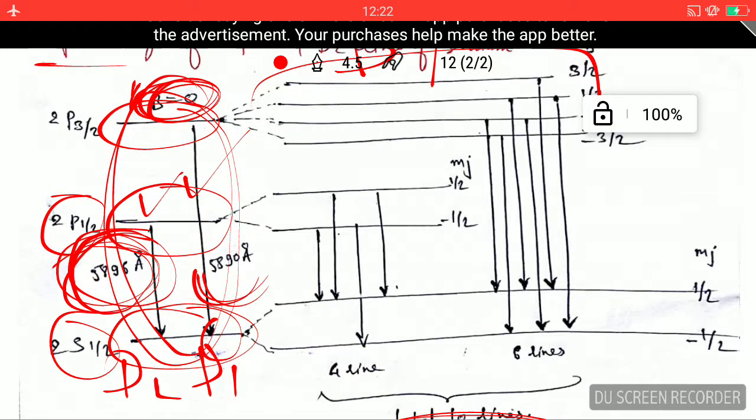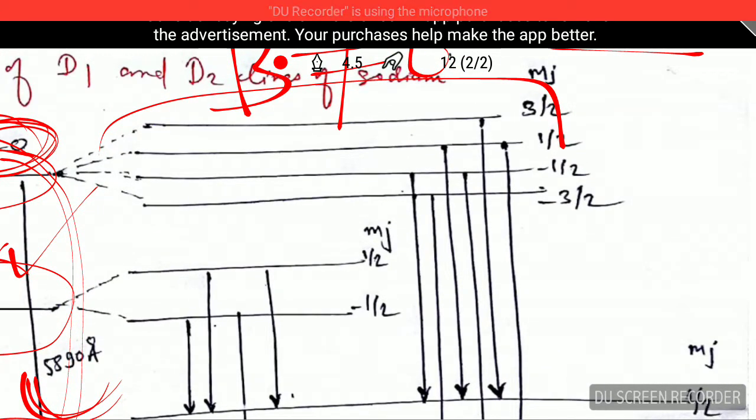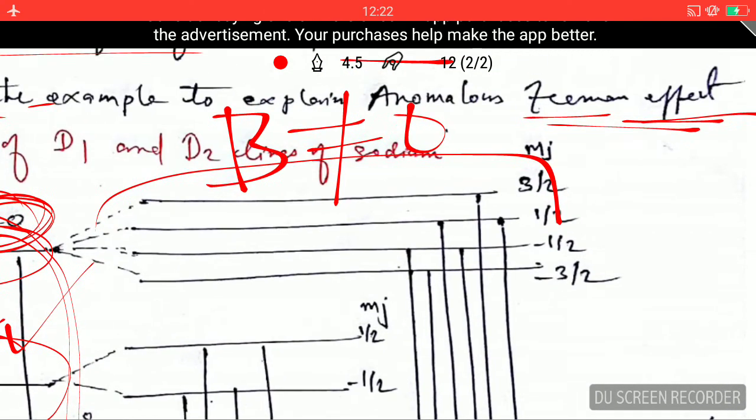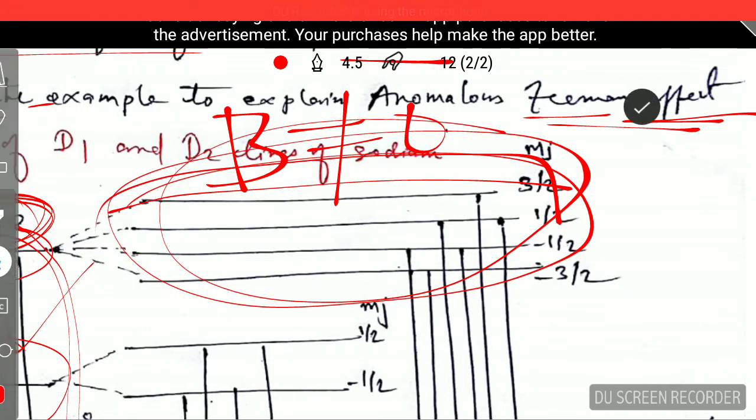Now let's see what happens when we apply the magnetic field. This is the region where we apply the magnetic field.